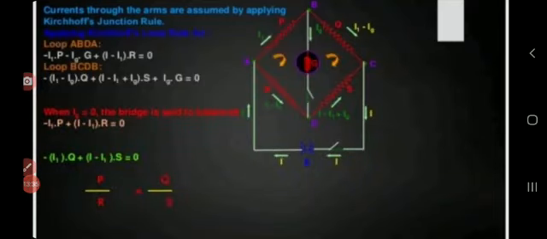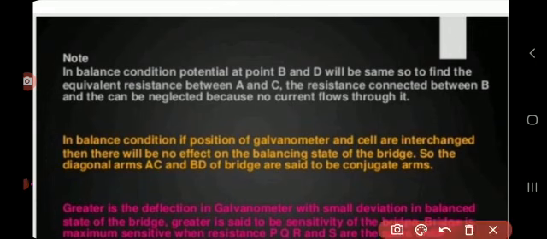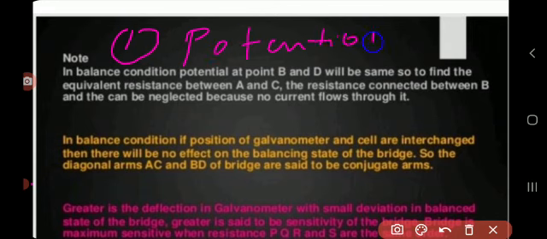So this is one of the applications of Kirchhoff's law. Apart from this, there are some more applications like the potentiometer and the meter bridge.